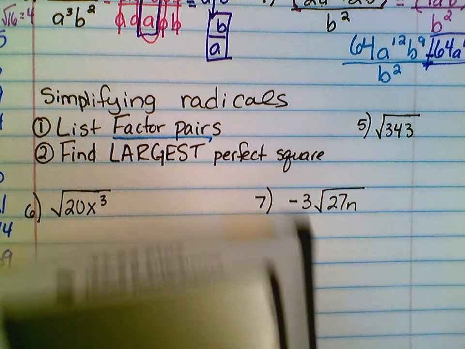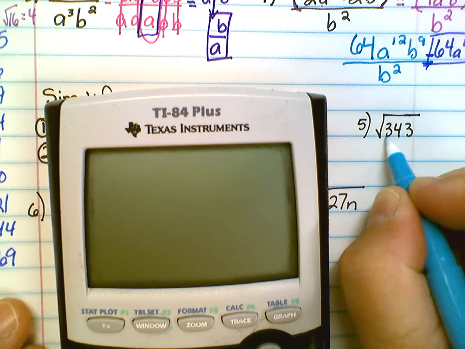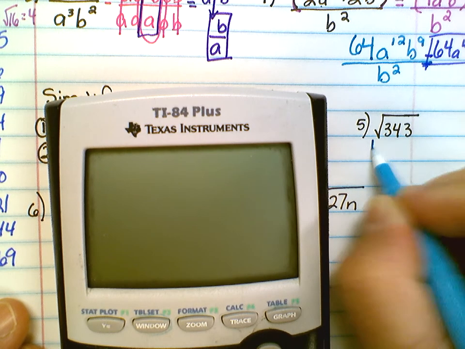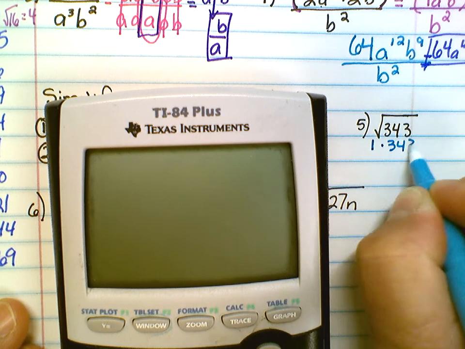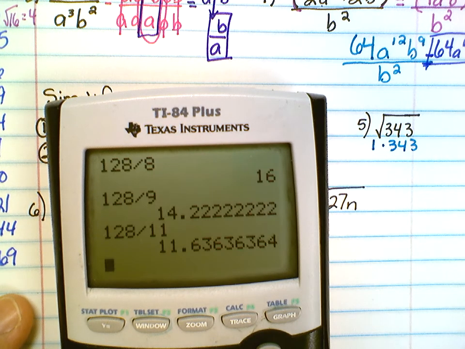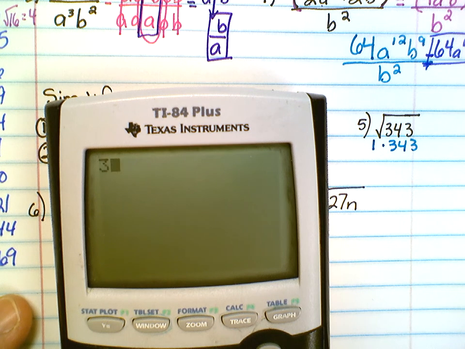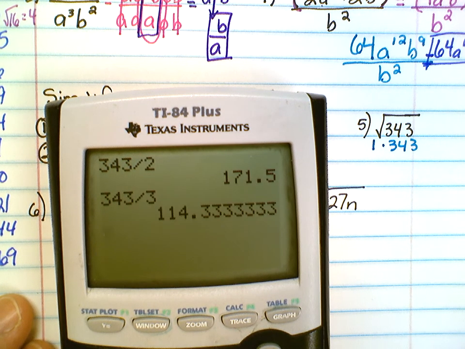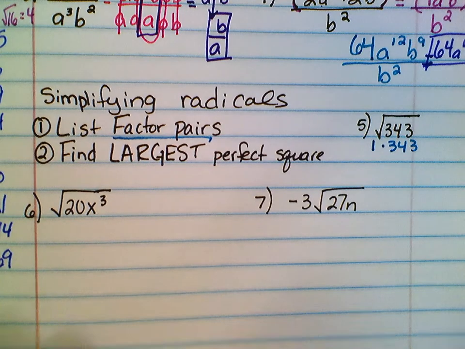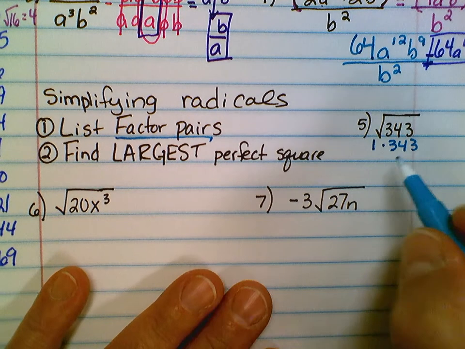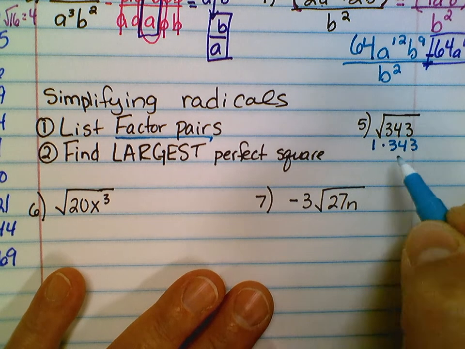The first factor pair is always going to be 1 times whatever your number is. You can also use division. 343 divided by 2 doesn't work. 343 divided by 3 doesn't work, unless you know your times tables and you can do it.